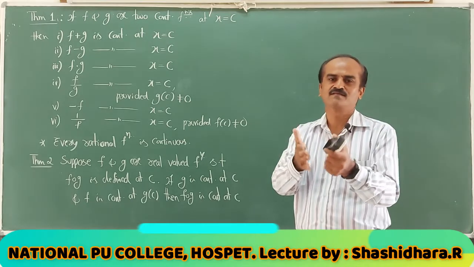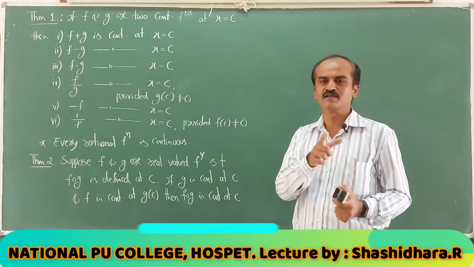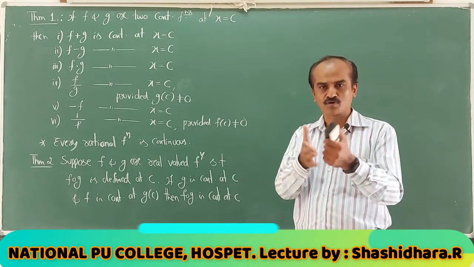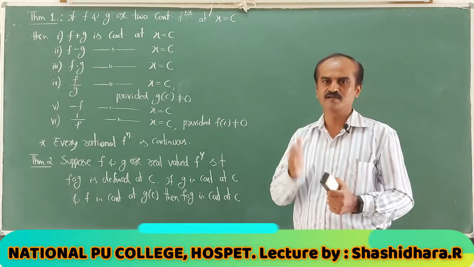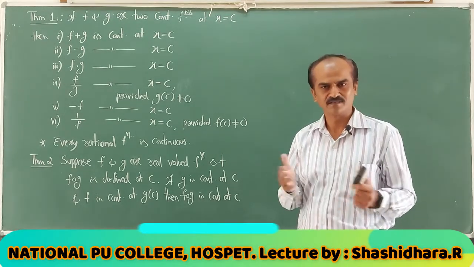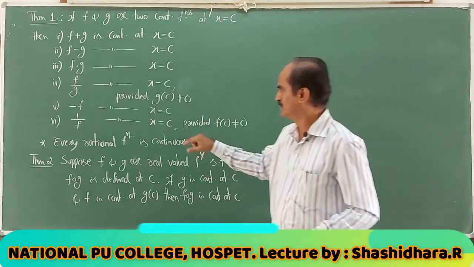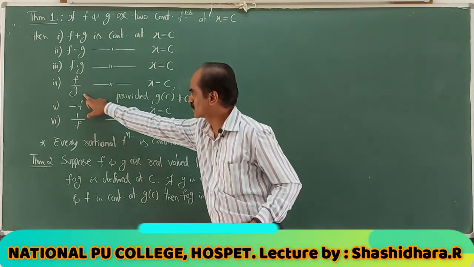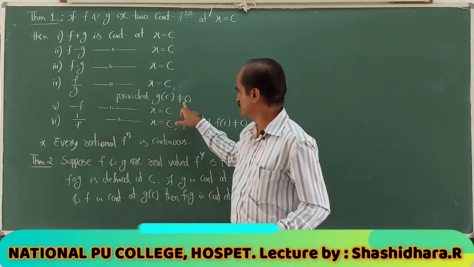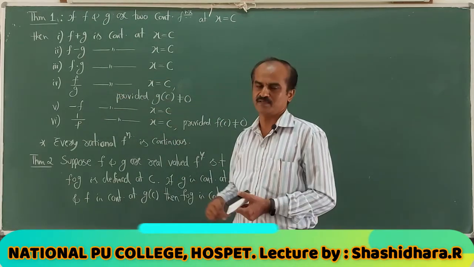Their difference of functions is also continuous. Their product of functions is also continuous. As well, the quotient of those two functions is continuous provided the denominator function is different from 0 at that particular point.